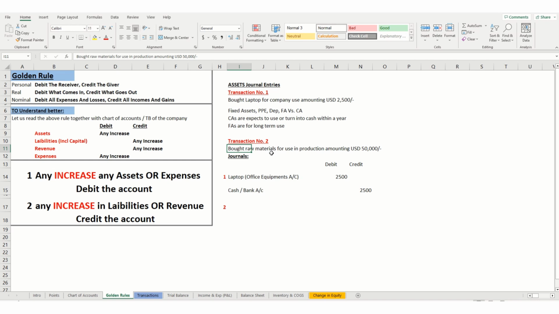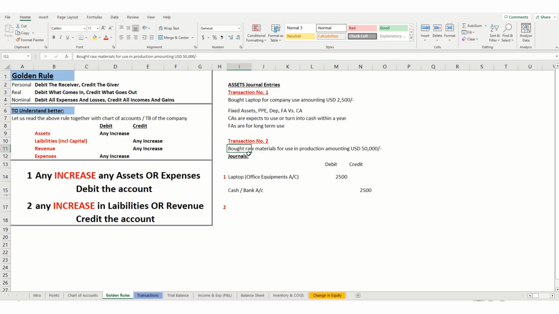Raw material is what we are stocking for use in the manufacture or production of the company. After production we are going to sell, right? So these raw materials are our stock, inventory, whatever we call it.